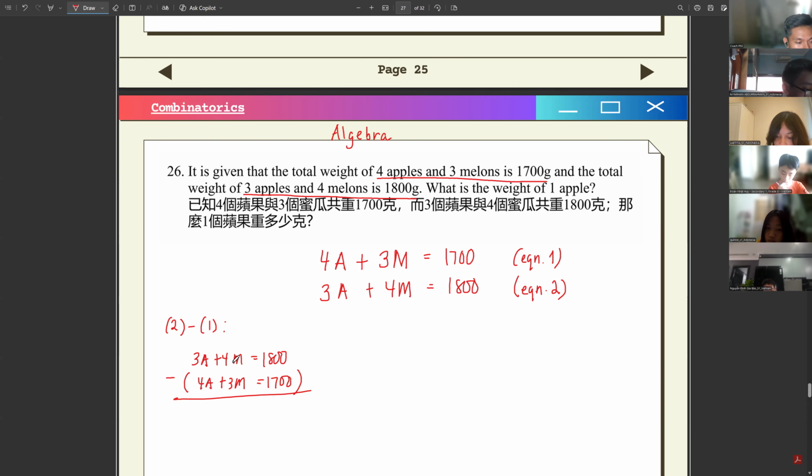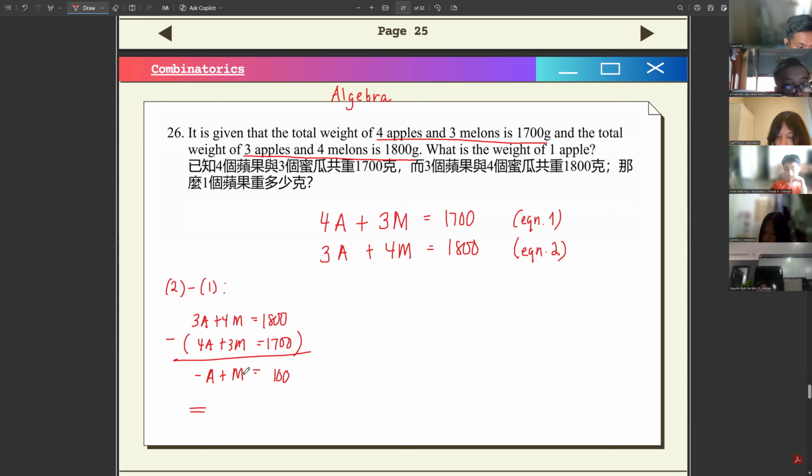So let's do the operation on the left portion. 3A minus 4A, that's negative A. 4M minus 3M, that's 1M. And then for the right side, 1,800 minus 1,700, that's equal to 100. So meaning, if we isolate M, we have M is equal to A plus 100. So we transpose the negative A.